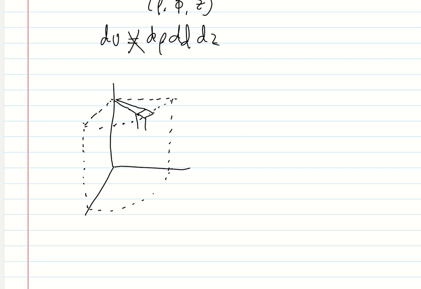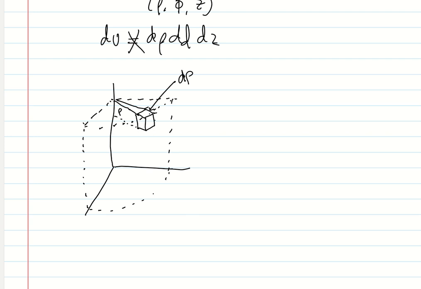This will be the differential volume, this rectangular prism here. So now, what are the sides of this rectangular prism? So we have, obviously, the first one is this side, and because this is rho, that length should be our d rho.